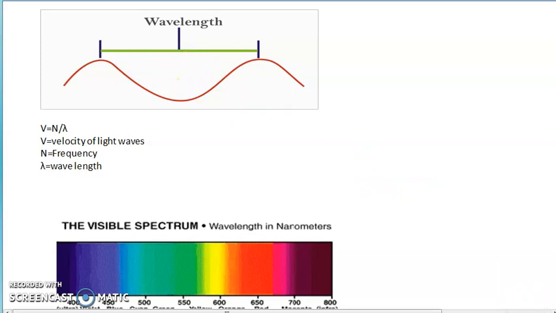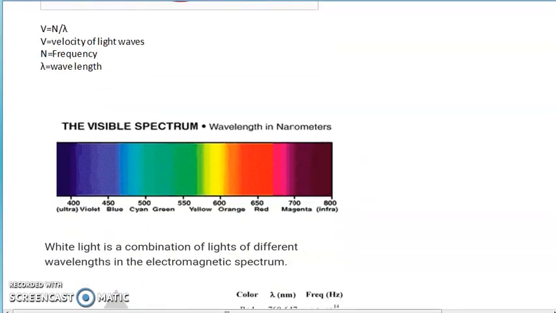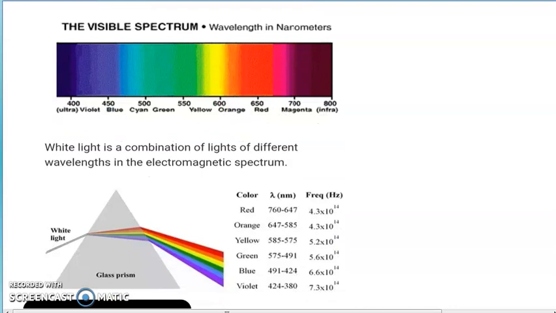So we have the visible spectrum as VIBGYOR. As science students, we all know what VIBGYOR is. It is nothing but violet, indigo, blue, green, yellow, orange, red. These are the VIBGYOR colors.